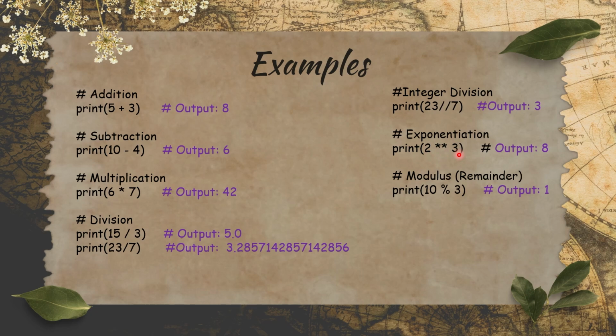In the case of multiplication I can say 6 multiplied by 7, but here since it is an exponent, I have to pronounce it as 2 exponent 3, and the output is 8. And next we have modulus remainder. Here it produces a remainder: 10 modulus 3, the output is 1. That is the remainder. The output you are seeing is a remainder, not a quotient.